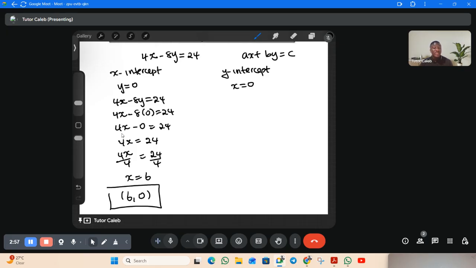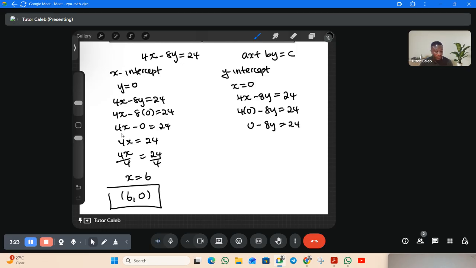Now, for the y-intercept, the coordinate for x is 0. So we can put that in the equation of the line 4x minus 8y equals 24. If x equals 0, we'll have 0 minus 8y equals 24.